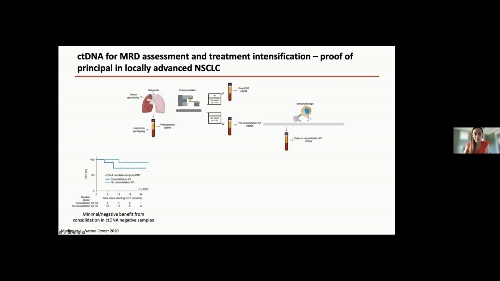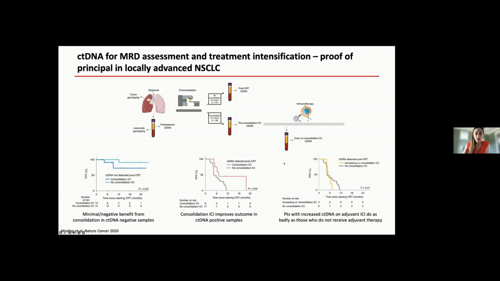And you can see that, in fact, the immunotherapy treated arm, which is this blue one, looks subjectively a little bit worse, even though the p-value is not significant. In patients who did have detectable ctDNA after treatment, there was a benefit from consolidation immunotherapy with a p-value of 0.04. And then they also looked at ctDNA on immunotherapy.